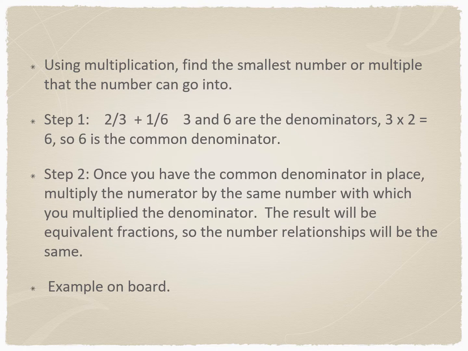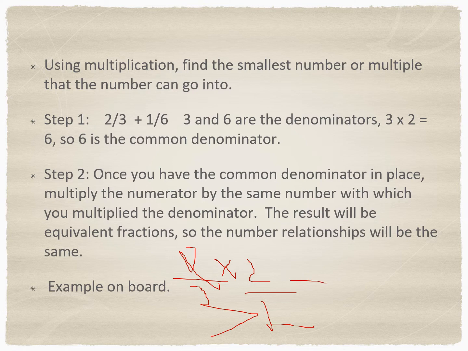So then we're going to change our 2/3. We're going to take our 2 over 3, and we're going to times it by 2. Both the top and the bottom are going to be times by 2.